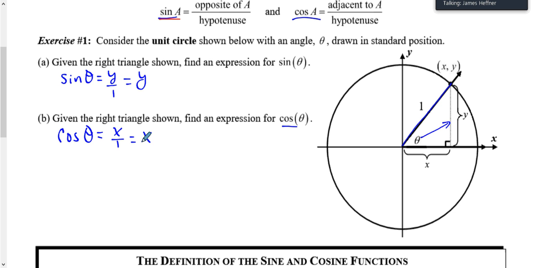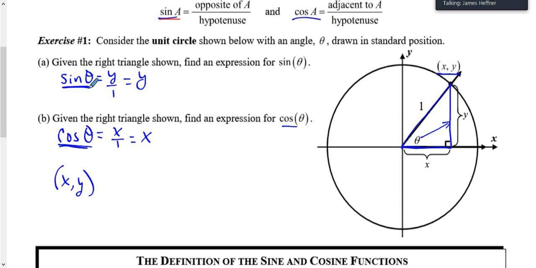So do you see this x comma y up here? An ordered pair of coordinates. Start here and you count over x and go up y, and that's your coordinates. But what did we say x was? x was the cosine. So that x comma y, and what's the y equal to? The y equals sine.